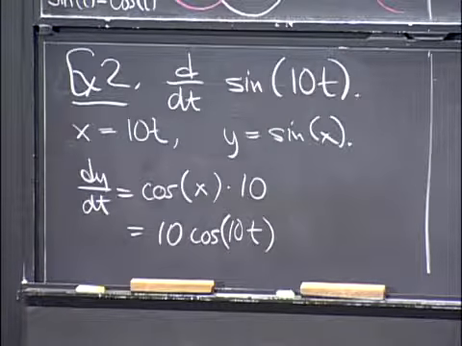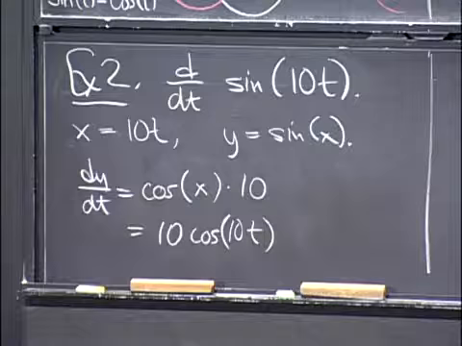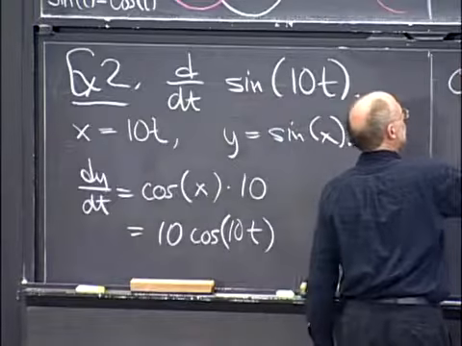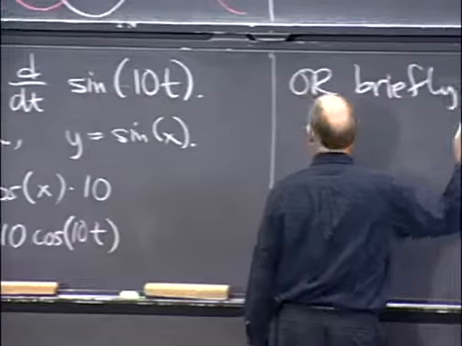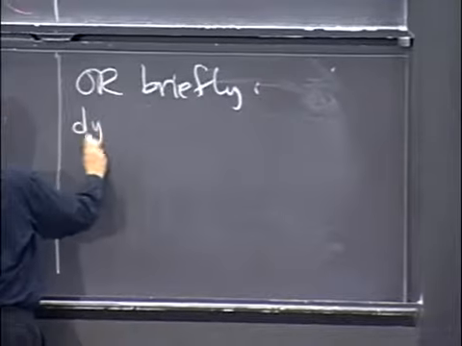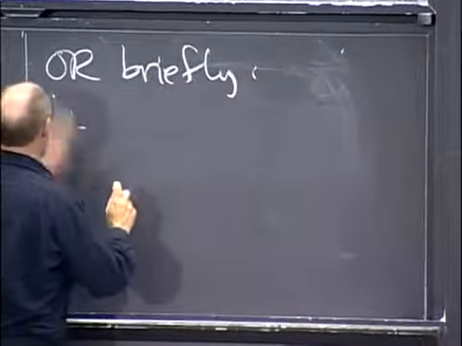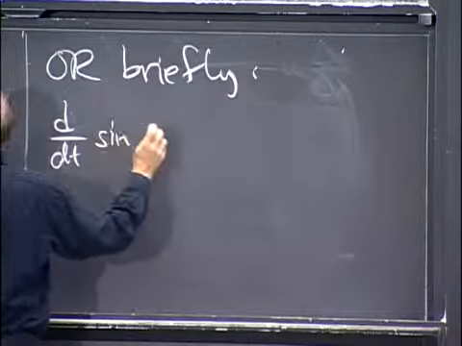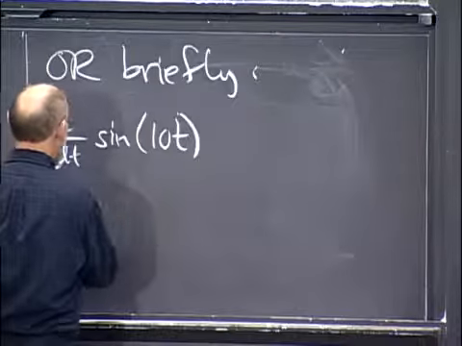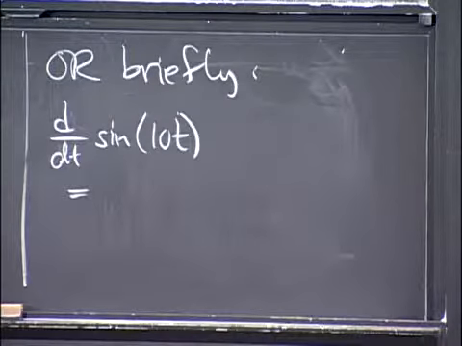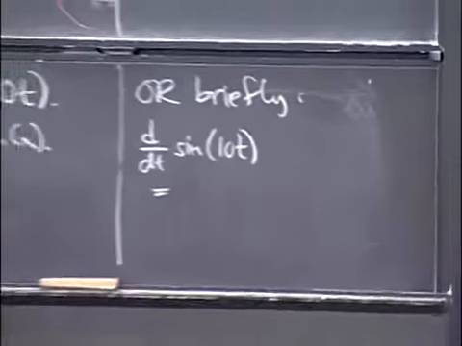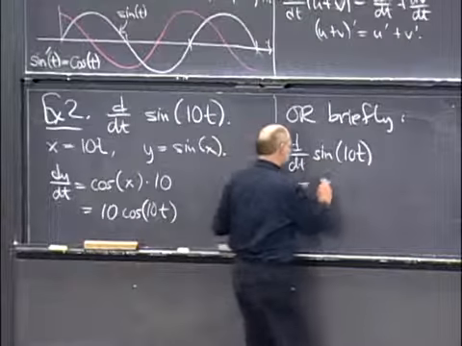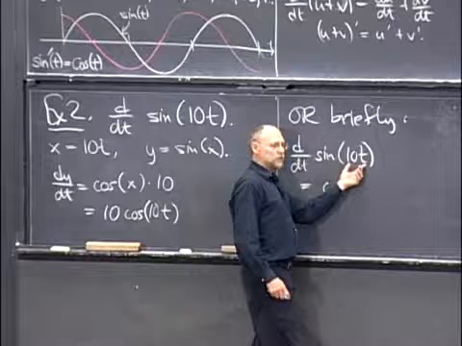Now, once you get used to this middle variable, you don't have to give a name for it. You can just think about it in your mind without actually writing it down. Let me do d of sine of 10t again without introducing this middle variable explicitly. I first of all differentiate the outside function, and I get cosine, but I don't change the thing that I'm plugging into it.